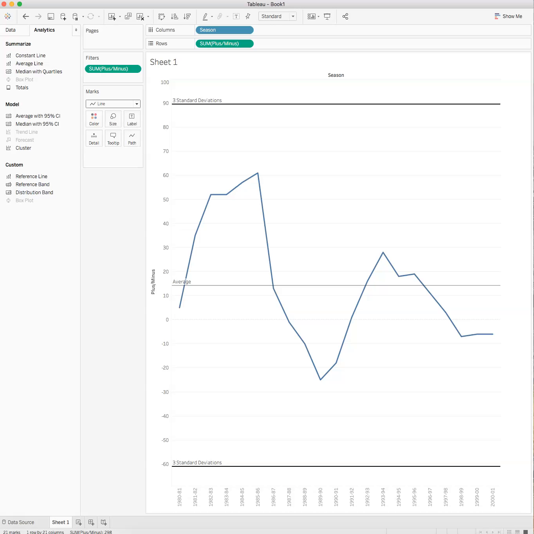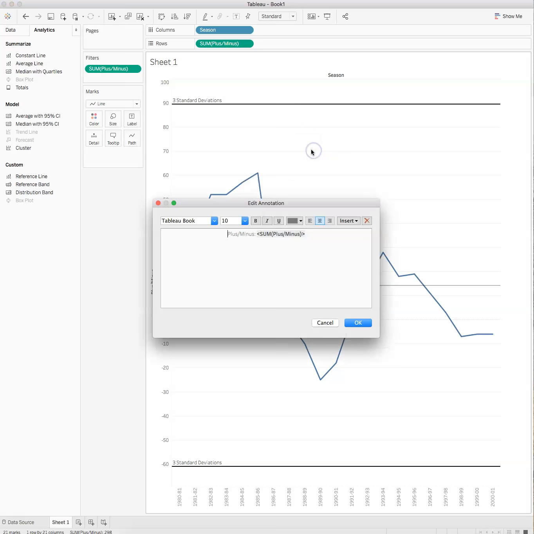And so now what we see is we have our average here, our mean, and we have our upper control limit and our lower control limit. So we can even label this if we want. One way we can label it is by annotating. Annotate this point.